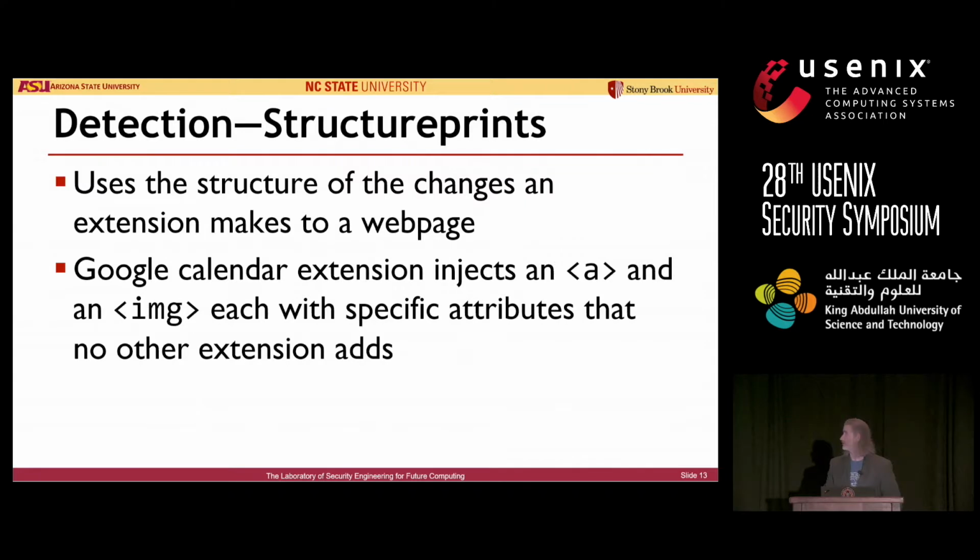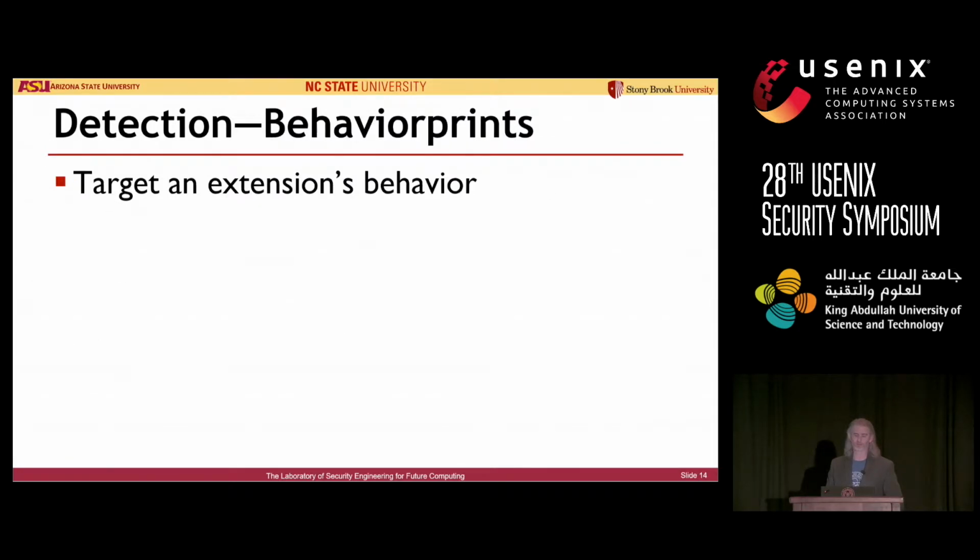Similarly, we have structure prints, which use the structure of changes an extension makes to a web page. For example, the Google Calendar extension injects an anchor tag and an image tag, each with specific attributes that no other extension adds. So just by having these on the web page, you can be relatively certain that that extension is installed.